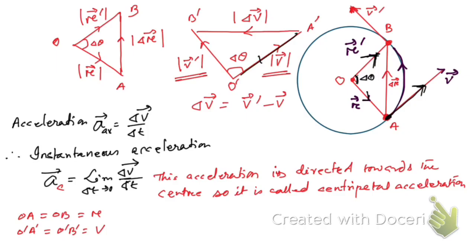These two sides represent two vectors whose magnitudes are equal, so their lengths must be equal, and their magnitude is equal to V.